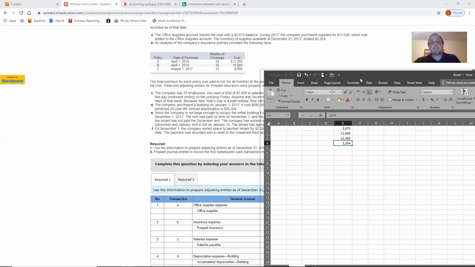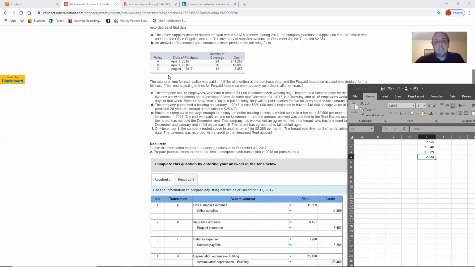Insurance is another good example because at the beginning, we'll always prepay insurance. So think about your car insurance or your house insurance or anything like that. You usually pay either at the beginning of the month or 6 months or up to a year. The insurance covers you for that entire period.